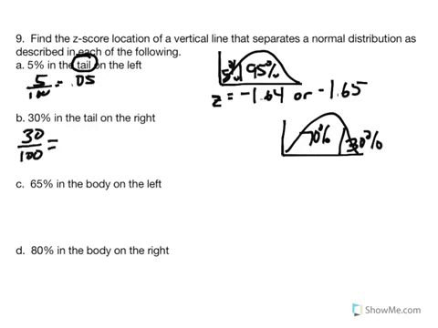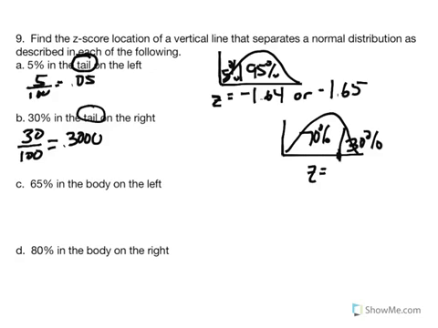So it would be 30 divided by 100, we get 0.3000. And now we're going to utilize the tail of our unit normal table to find that. Our ultimate goal is to identify what the z-score equals here, right? What z-score partitions 30% of the distribution to the right and 70% to the left in the body.